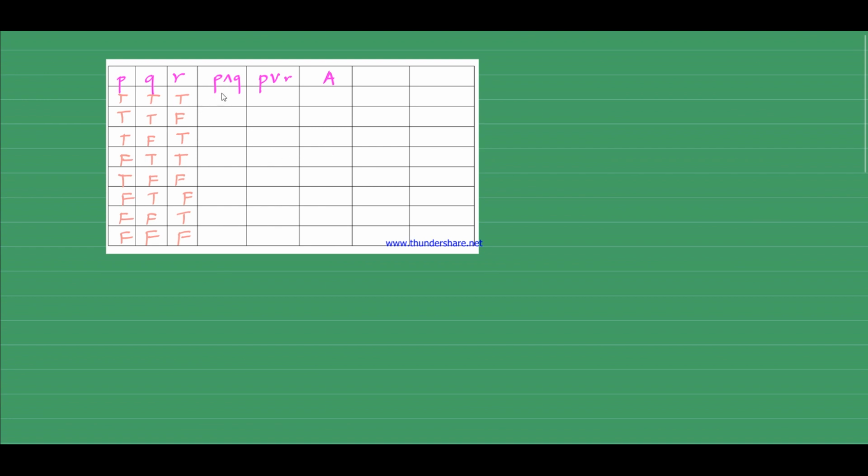So we're going to do AND for P and Q. And for P and Q, both laptop and TV are delivered. So this is true.